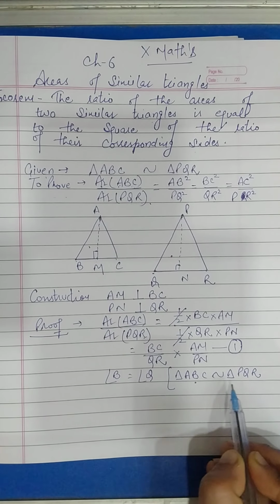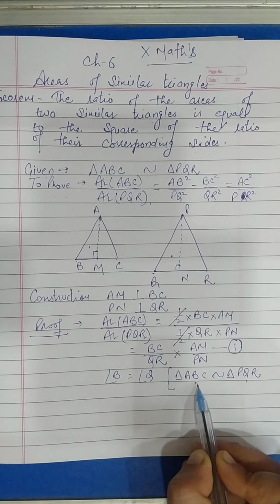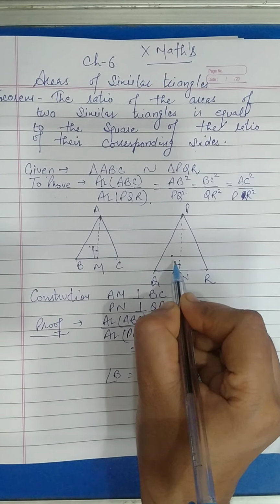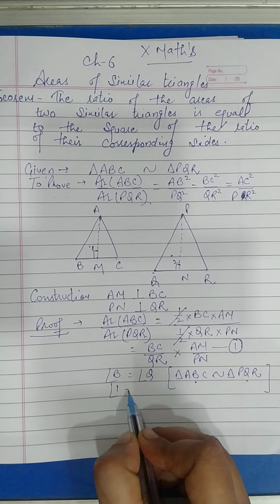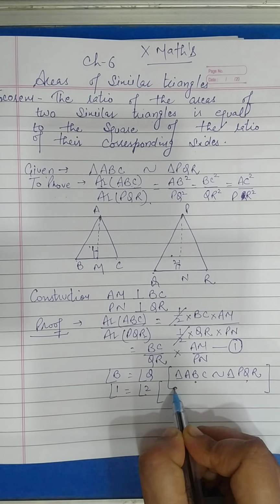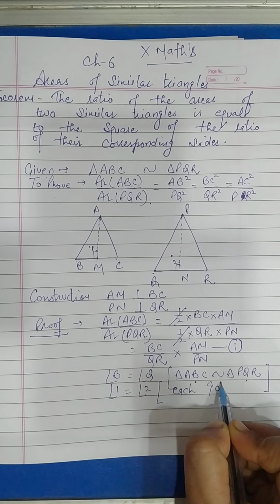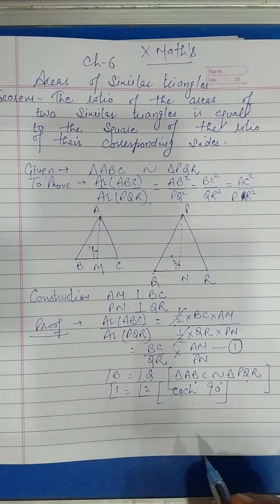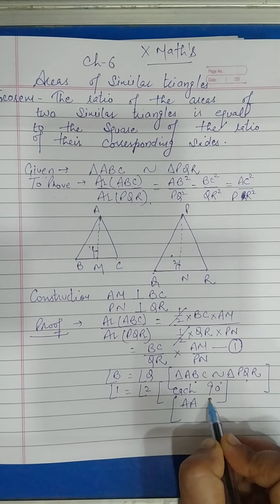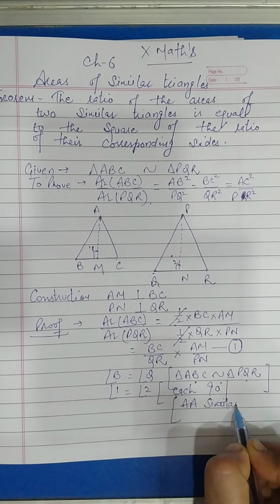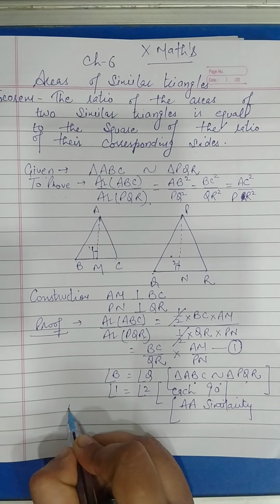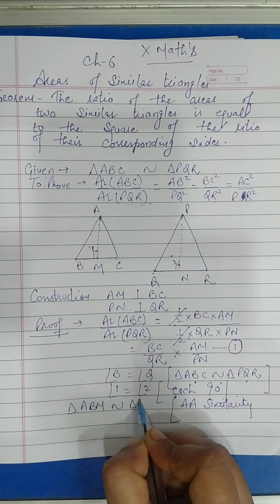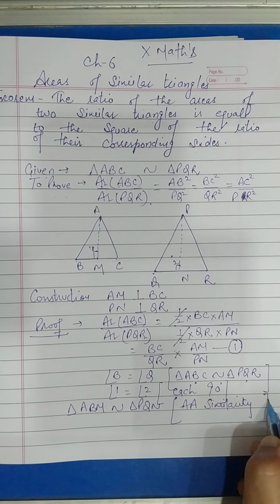Corresponding means on the same position. Also angle 1 and angle 2 are both perpendicular, so angle 1 is equal to angle 2, each 90 degrees. In these two triangles, two angles are the same. By angle similarity, we can say the two triangles ABM and PQN are similar.